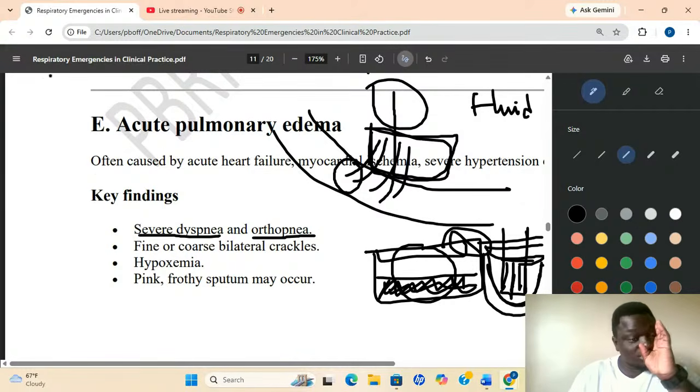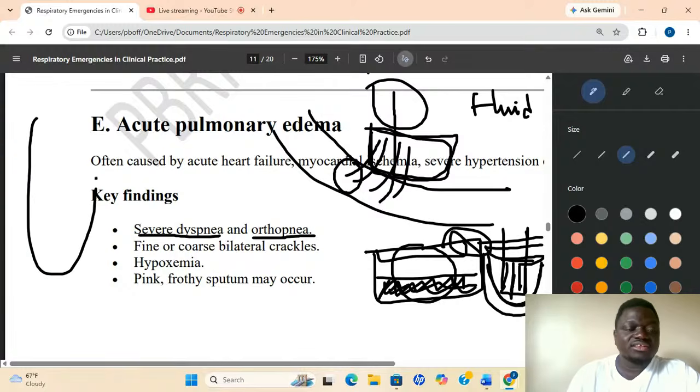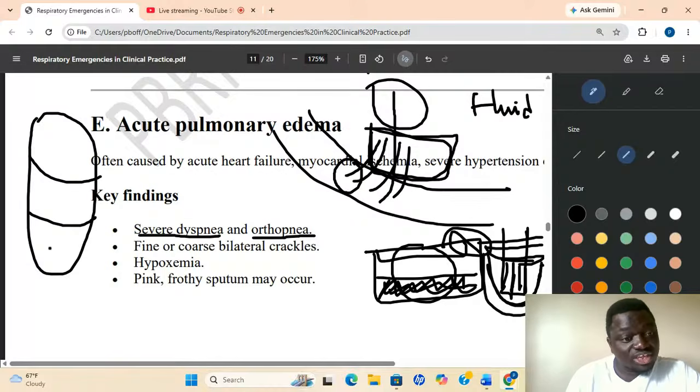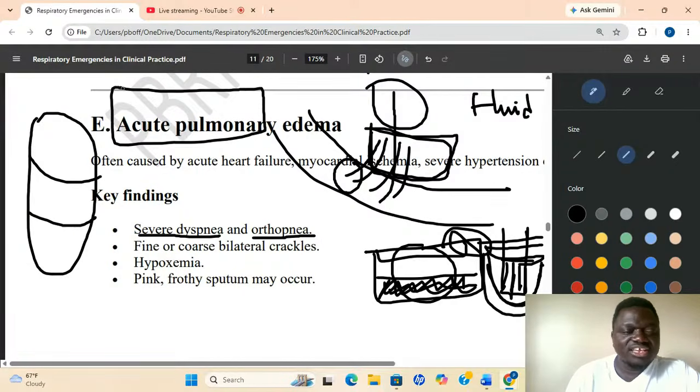Let me do a new drawing. Assuming this is your right lung, it is divided into three, like I told you: the upper, the middle, and the lower. If I put the patient supine like this, the same division, the upper, the middle, and the lower, and the blood vessels are here.